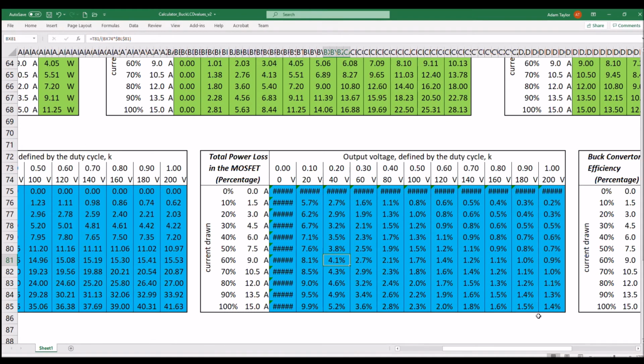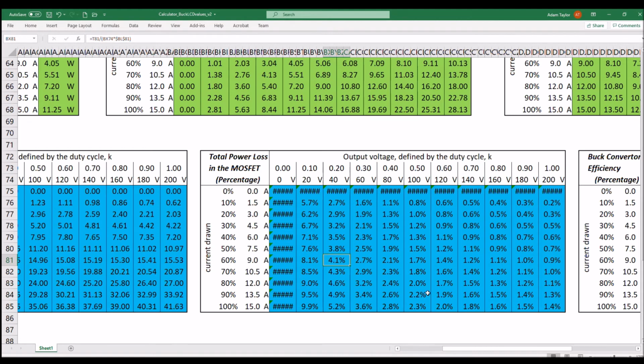So just because we're operating our buck converter hard up here doesn't mean our percentage losses are greater. Down here, the buck converter is much less efficient with a lower duty cycle.